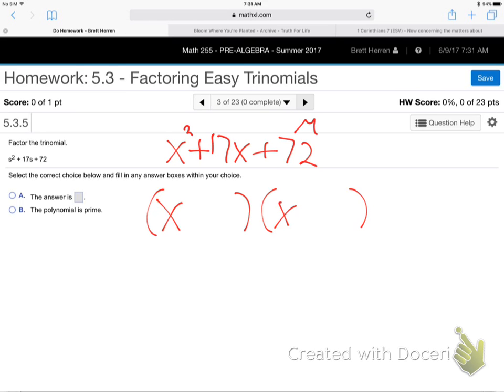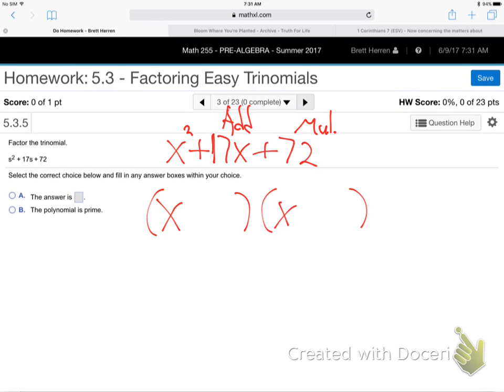You're looking for two numbers. Don't say it out loud. Give everybody a chance to come up with it. That multiply to be 72 and add to be 17. So what is it? What times what is 72? 9 times 8 or 8 times 9, either order.